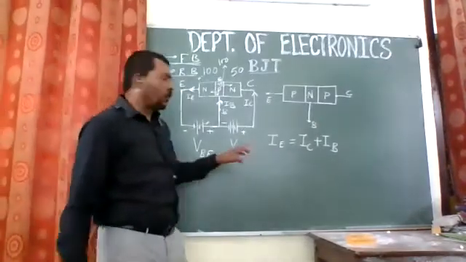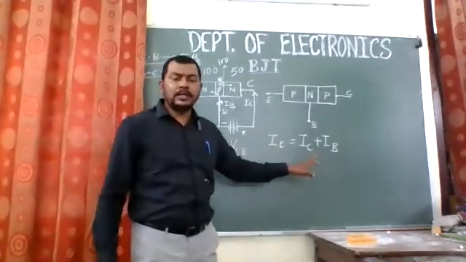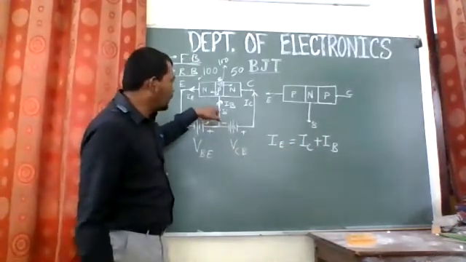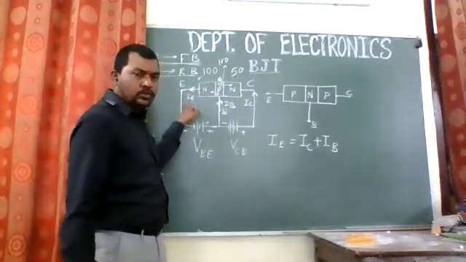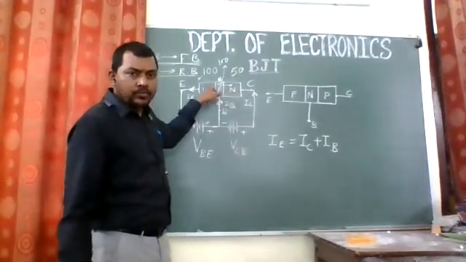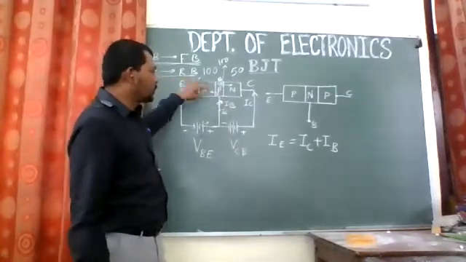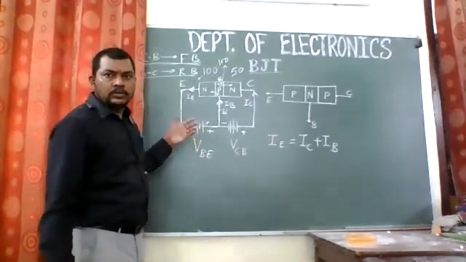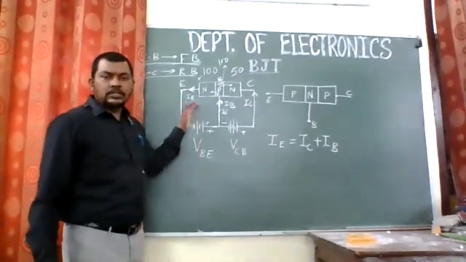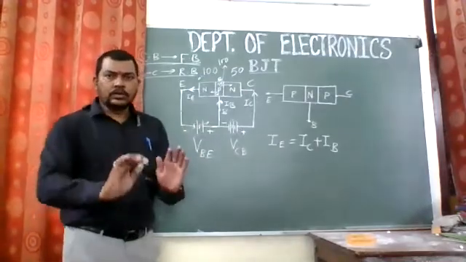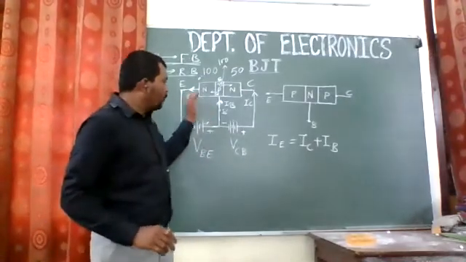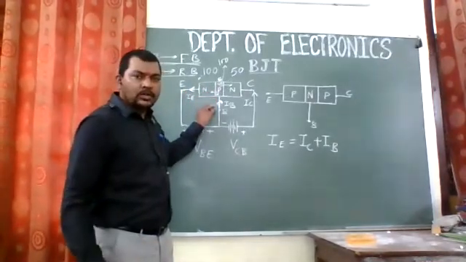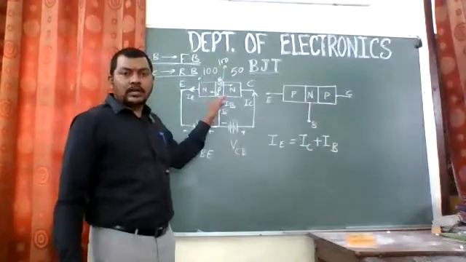So this is the basic formula: IE is equal to IB plus IC. The current through the base is flowing through the base, the current through the collector is flowing through the collector, and the total current is flowing through IE. So this is how the transistor works. Only 5 holes are being recombined, so the minimum current is in the base, but the maximum current flows through the collector.